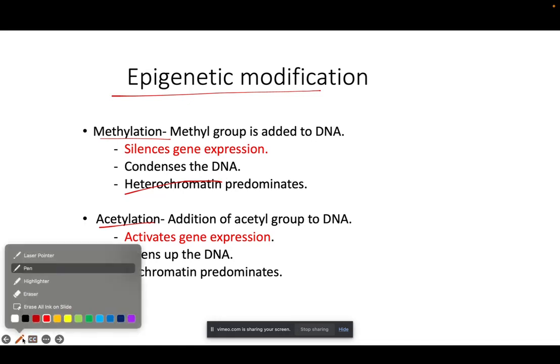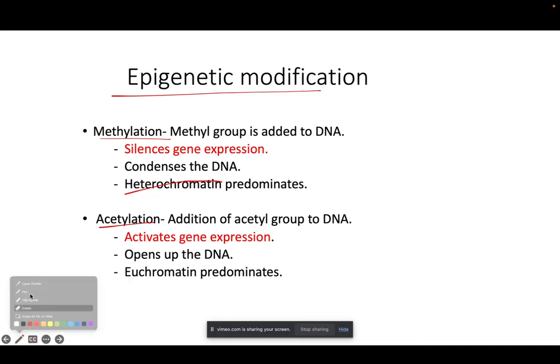Okay, and again, if you look at it, heterochromatin structures are predominating. And if you look at it intuitively, it makes sense because, as I mentioned in the previous slide, the heterochromatins are nothing but just the condensed form of DNA. Okay, and since DNA is condensed, these enzymes cannot access DNA, so transcription will go down, which actually reduces the gene expression. Okay, so that is one epigenetic change.